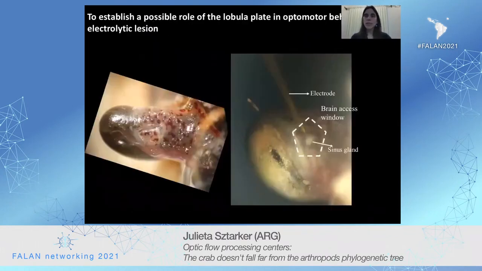To deal with this question, we decided to do electrolytic lesions and ablate this particular area, and compare the behavior of the animals with animals that were lesioned in other parts of the optic neuropiles or with control animals without lesions.